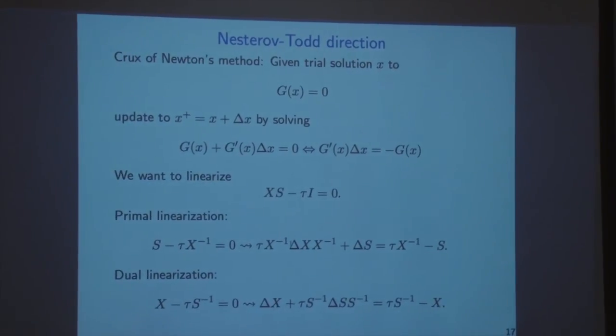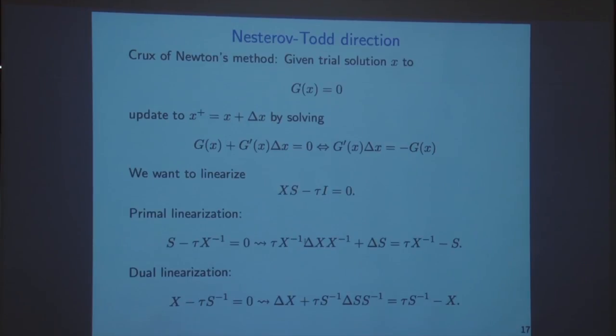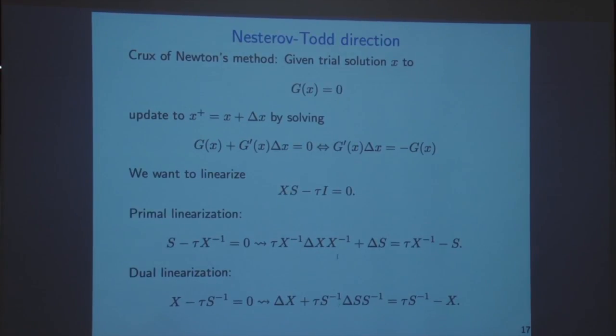If we instead rewrite the same equation by dividing by s, then we get this other linearization. These two linearizations are fine in the sense that they don't get me out of the space of symmetric matrices. They stay where they are supposed to stay. But we would like something that is primal dual, something in between these two.